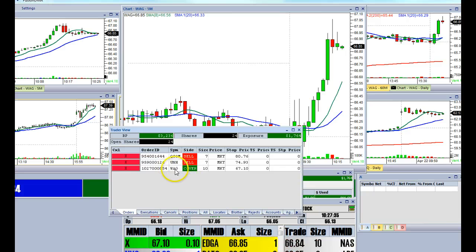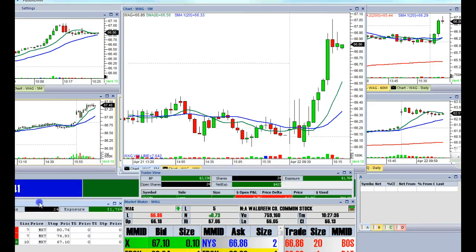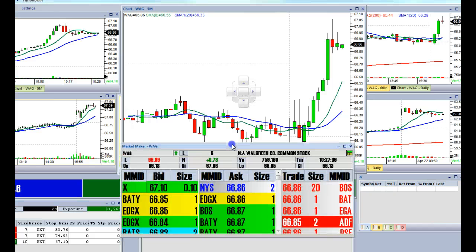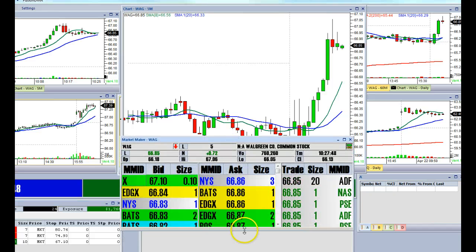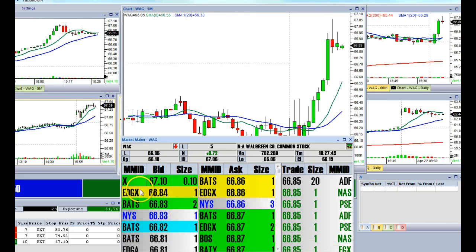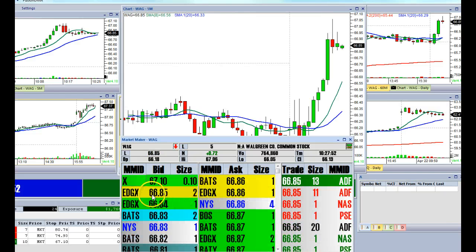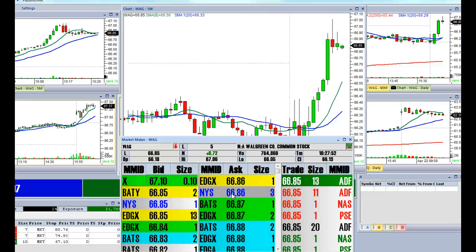I'm going to cover that short in Walgreens if it gets to 67.10. So this is the level 2. This is where you can see the bids and the asks on Walgreens. It's trading. That's my order to cover. But basically it's 66.85 on the bid, 66.86. So it's got to go about 25 cents higher in order for it to hit my stop.